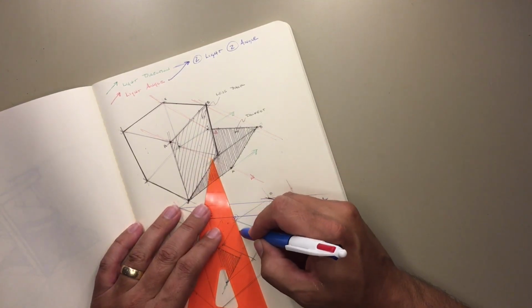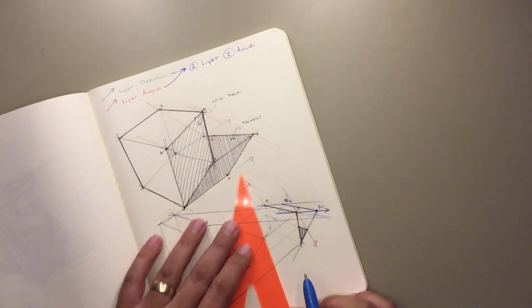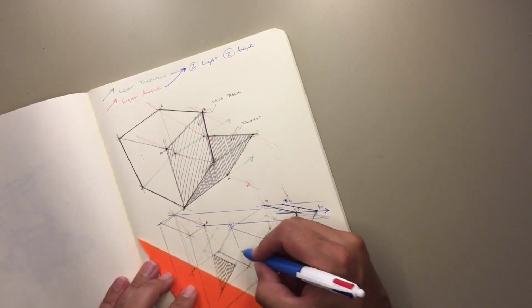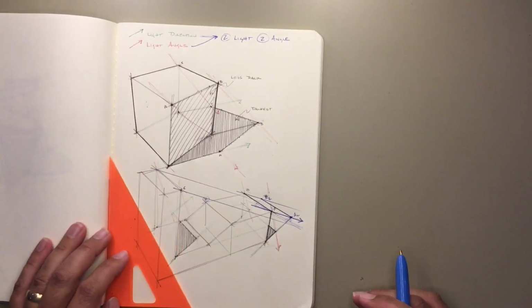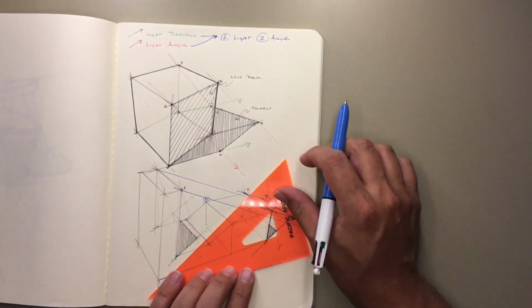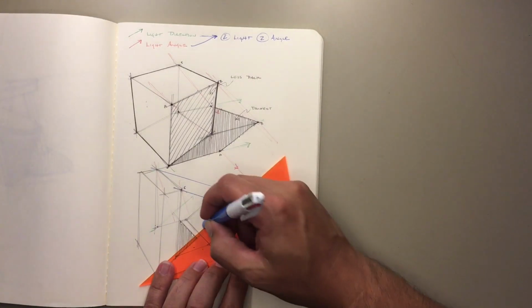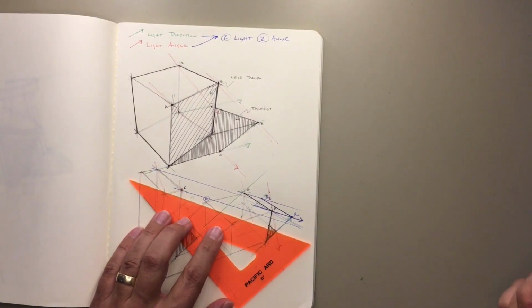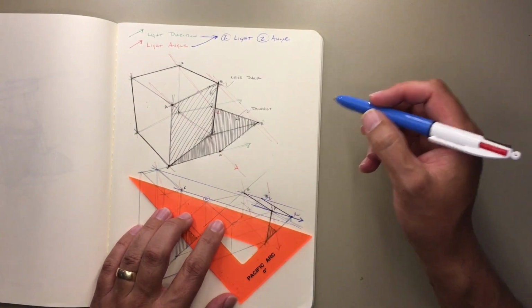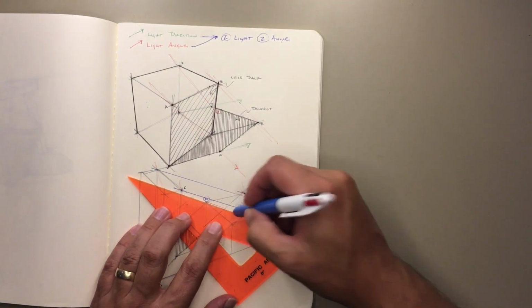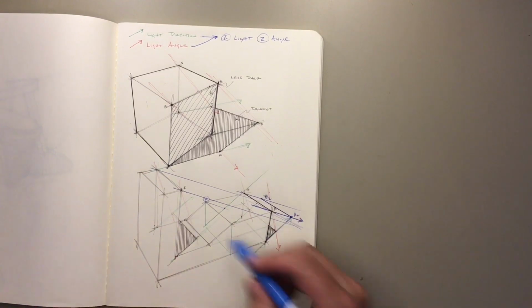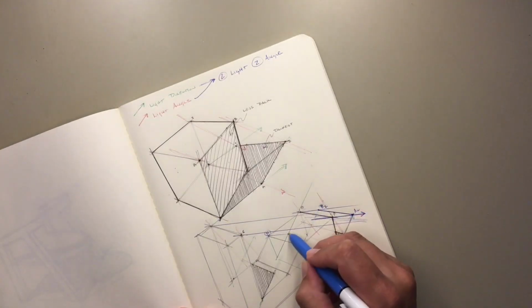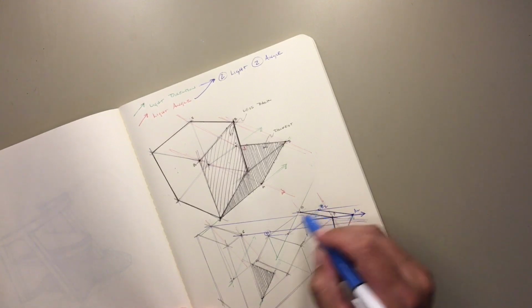I can carry that down to the ground plane. Let's find where that would be. Take my light direction back, pull this angle down. There's the triangle, so my point E, that shadow would be right there. And I can connect the dots back here between B2 and E2.